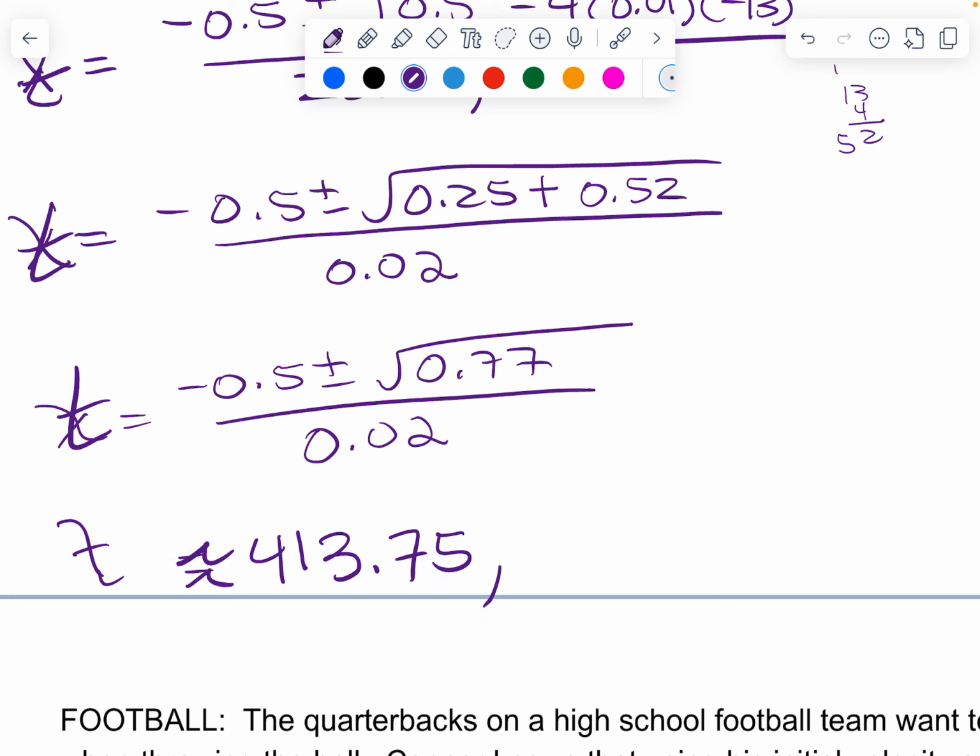And then we have negative 0.5 minus the square root of 77 divided by 0.02. And we have negative 463.75.